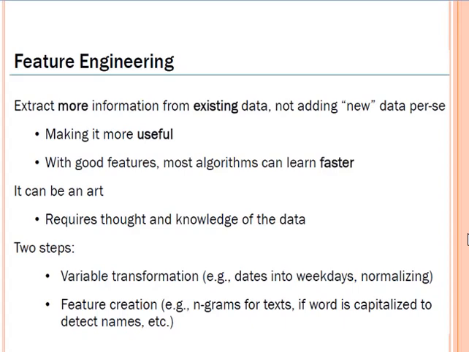So there can be two steps involved in it. First, variable transformations, for example, dates into weekdays, and then maybe we can perform normalization on that. And then feature creation, for example, n-grams of text, or whether a word is capitalized to detect names, right?